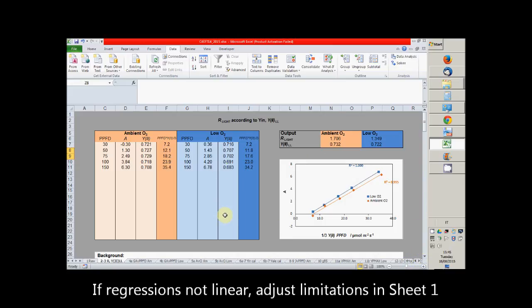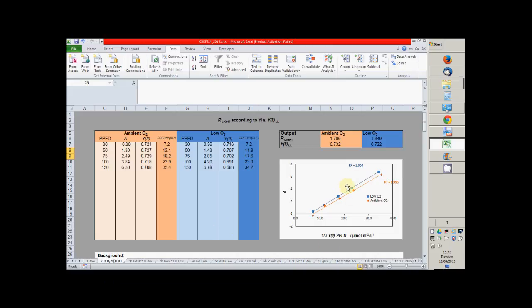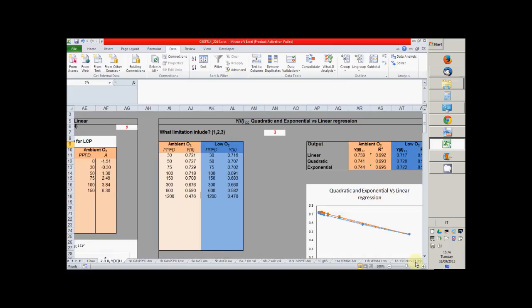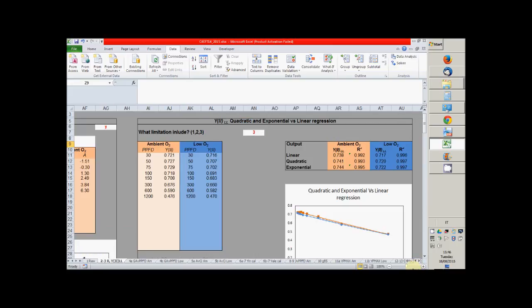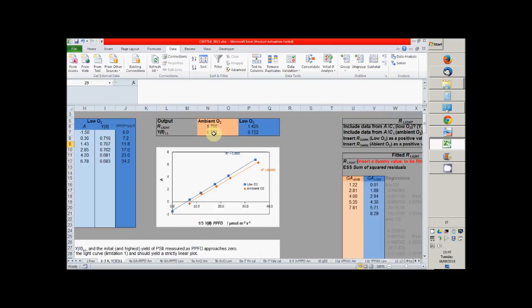Nothing needs to be done here, everything is automatic. We just need to make sure that the regressions are linear. In the standard features, Y2LL, which is the initial yield of photosystem 2 extrapolated under 0 ppfd, is extrapolated linearly.